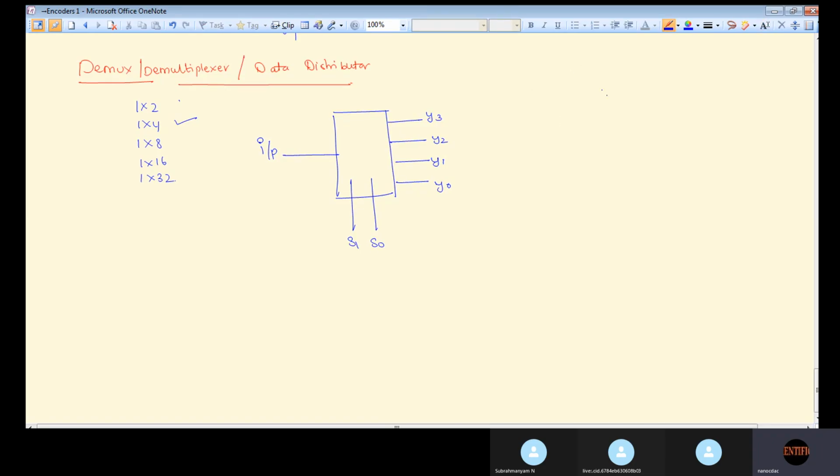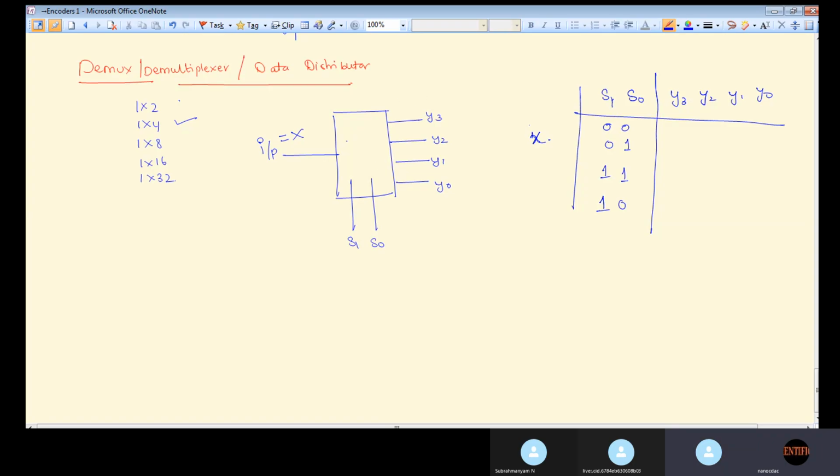Then how do you write the truth table of the demultiplexer? Same as the mux, S1, S0. How many outputs are here? y3, y2, y1 and y0. Okay, so 0 0, 0 1, 1 1, 1 0. Here I take the input as x. Okay, x is my input. If it is 0 0, this x will be routed to y3.